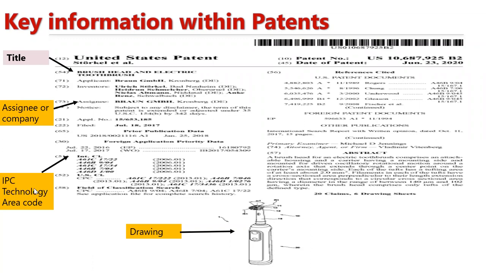It will show the drawing, and it will also show the previous existing patents, similar patents. It will also show the patents that it references, so that list will also be here.